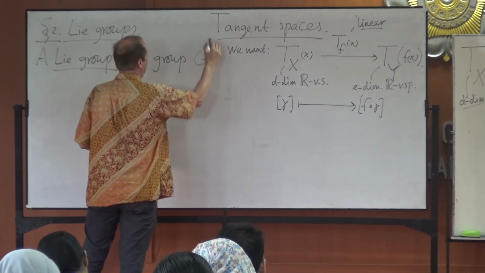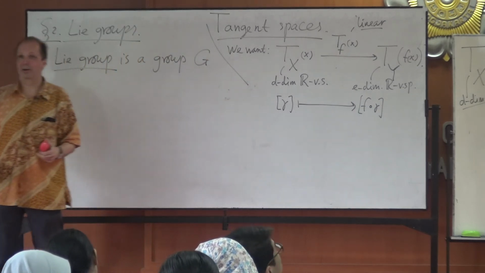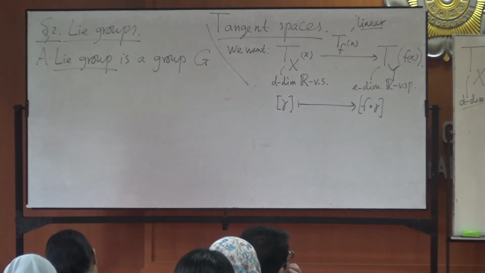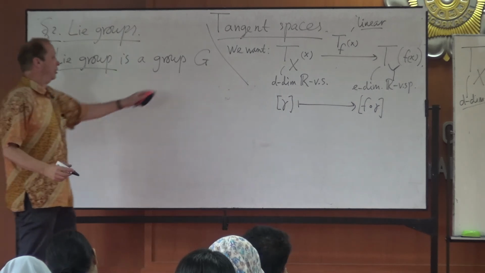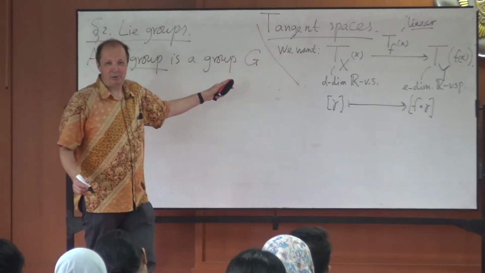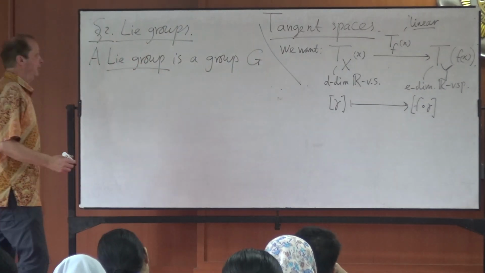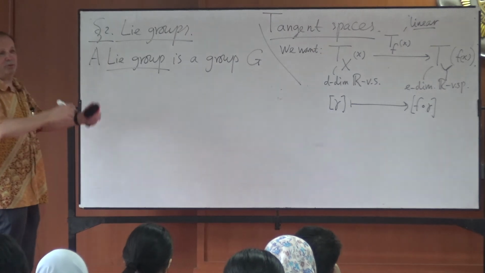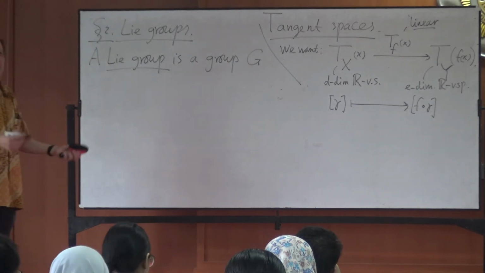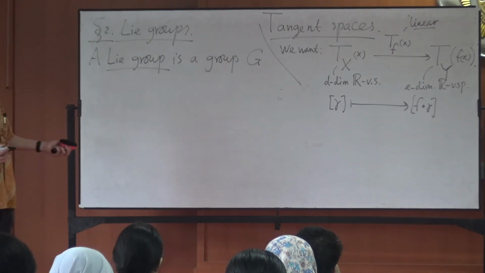Lie groups, section 2. So a Lie group is a group G. Okay, so if I remember well, on Monday I started with the definition of a group, so you still remember that. It is a group, but a group is just a set with a composition.